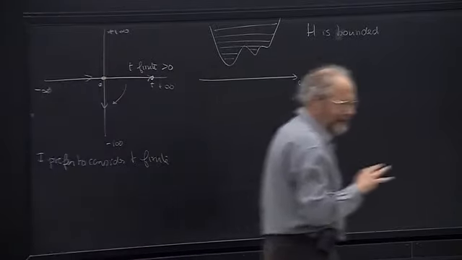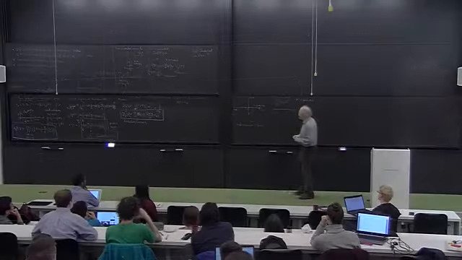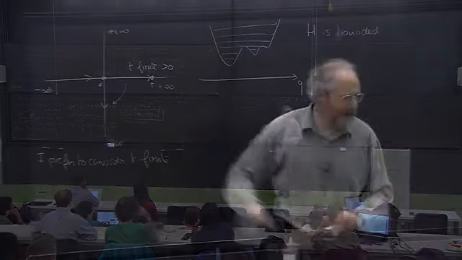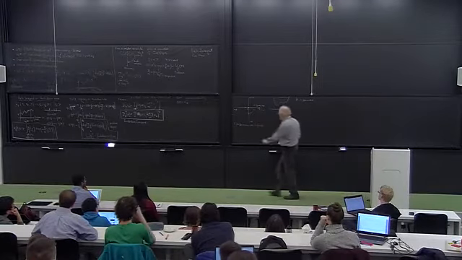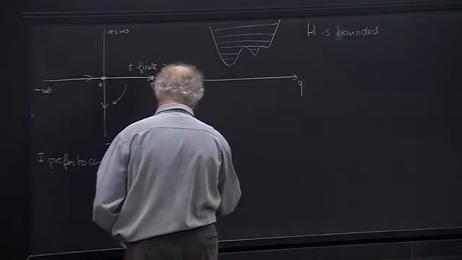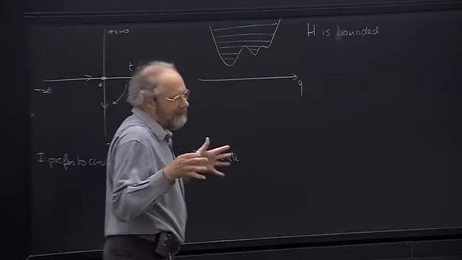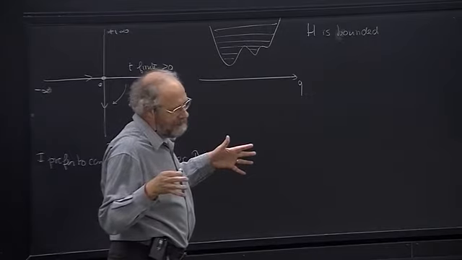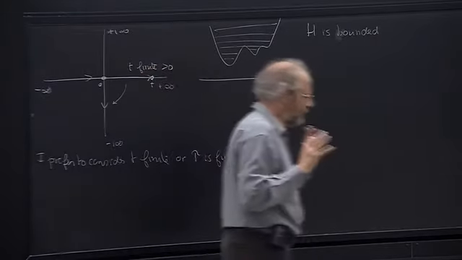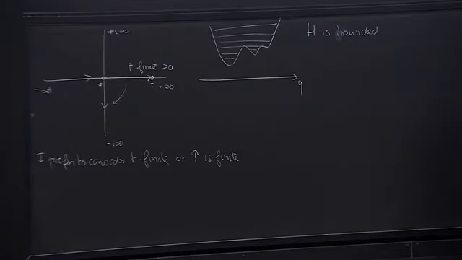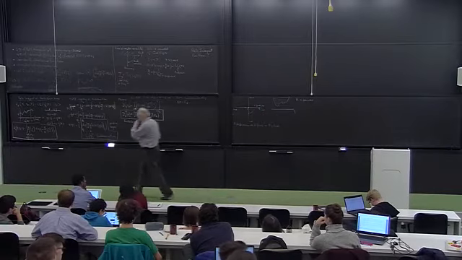I'm going to come back later. Rather than trying to make some kind of formal treatment of what happens when t is infinite, it's better to think of what happens when t or tau is finite, and then take the limit where t or tau goes to infinity. I think at this stage I prefer to just say that. You're going to see later.